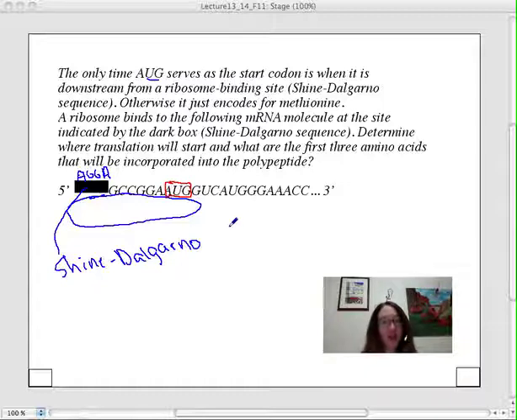From here we can start to write the sequence of the polypeptide chain, knowing that it always starts with the amino terminus first. Of course, in prokaryotes, that amino terminus is formylated. It's going to be N-formylmethionine, but we can say that the first amino acid will be fMet.